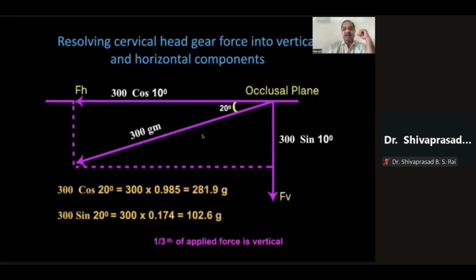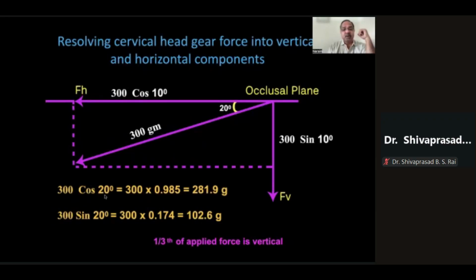This is another example with a cervical pull headgear, where this is the direction of force and this is the occlusal plane. You have an angle of 20 degrees, and 300 is the force given by the headgear.